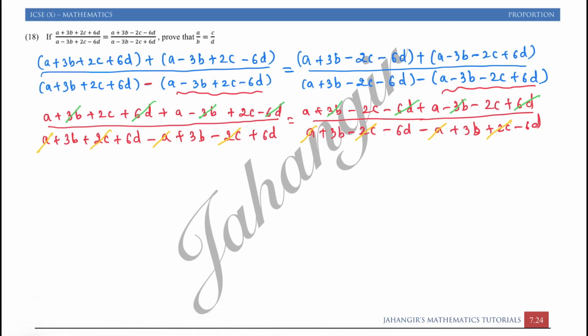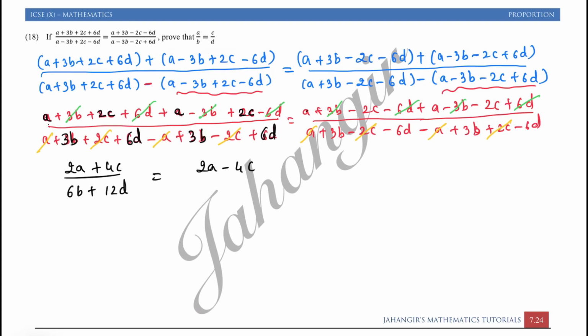Now whatever is left, let's write a plus a, that is 2a, 2c plus 2c, that is 4c. In the denominator 3b plus 3b, that is 6b, 6d plus 6d, that is 12d, is equal to, same way, 2a minus 4c.